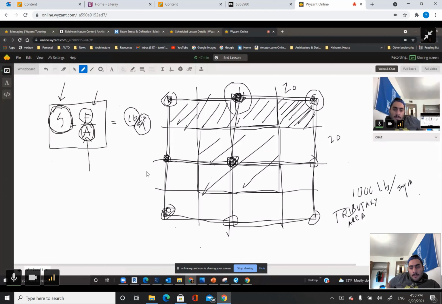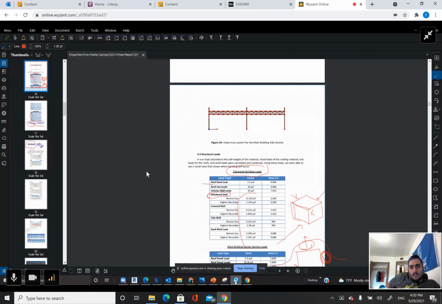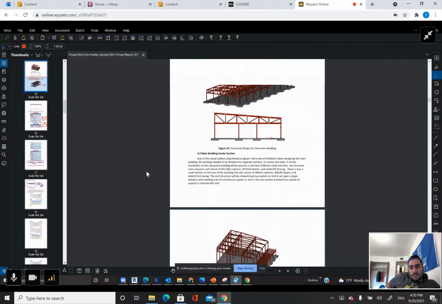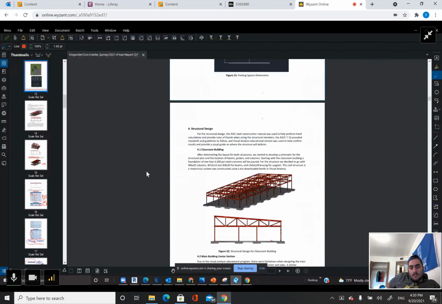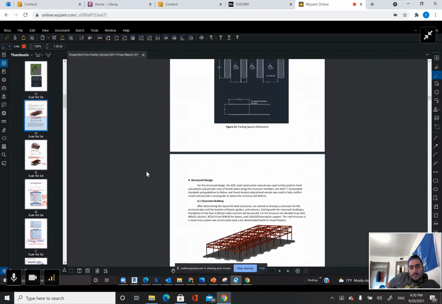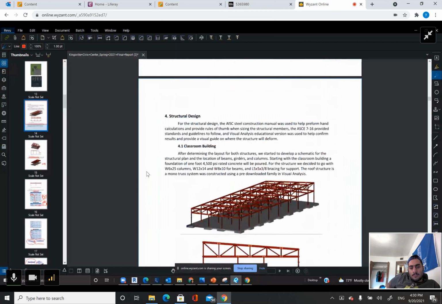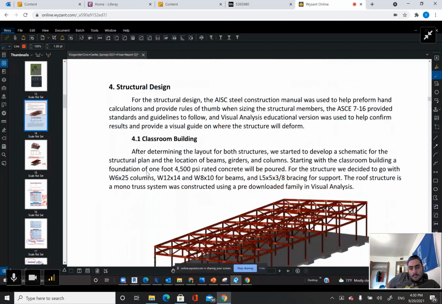If you'd like to get more into that, once you get to the assignment, we can get into real problems and do it that way. Because I just don't know. I'm looking at your document, and I just don't know what they used. They just said, we're going to assume for the structure, we decided to go with this.